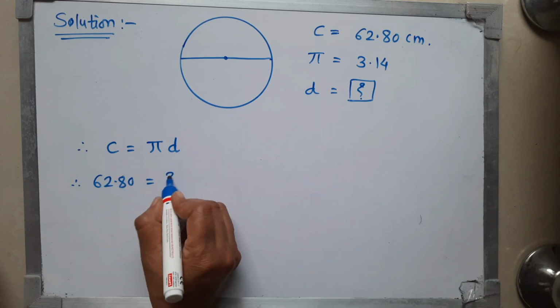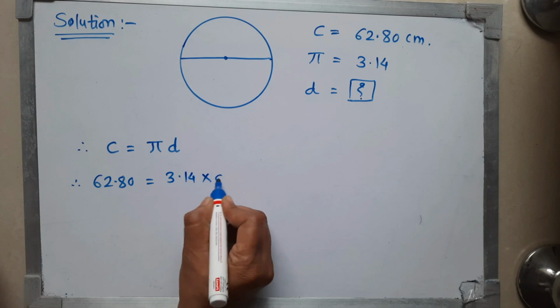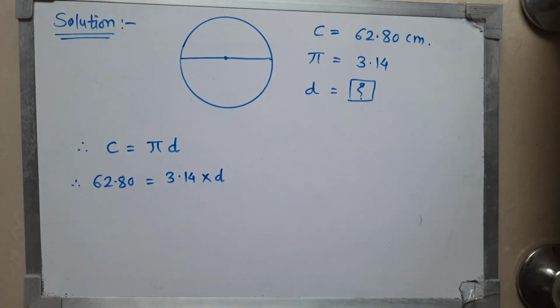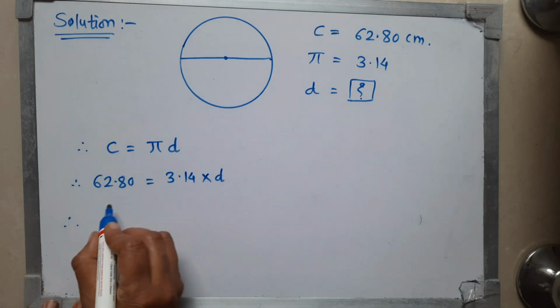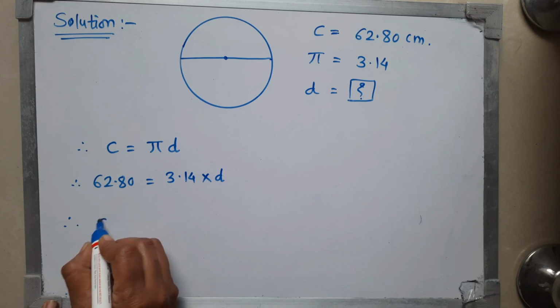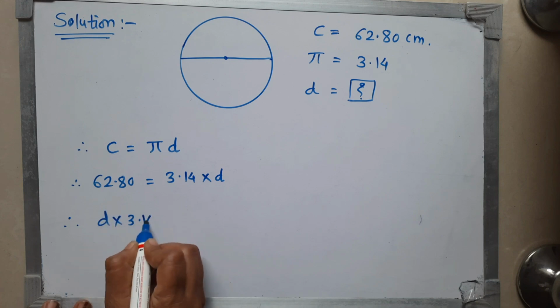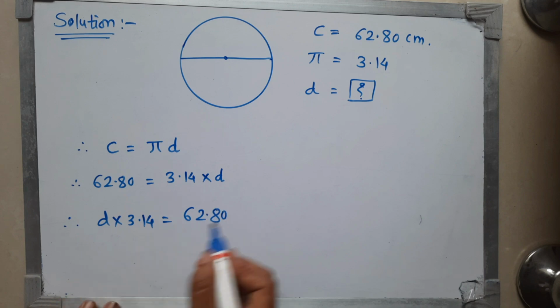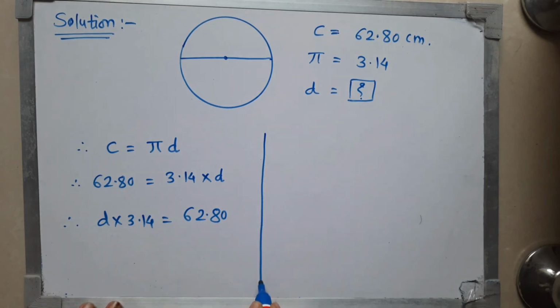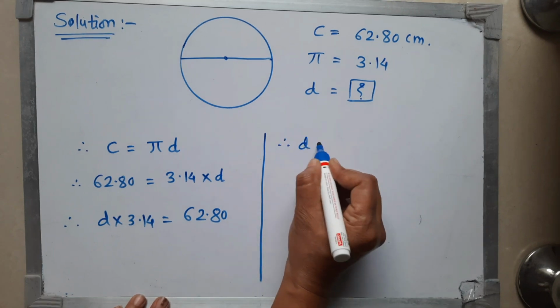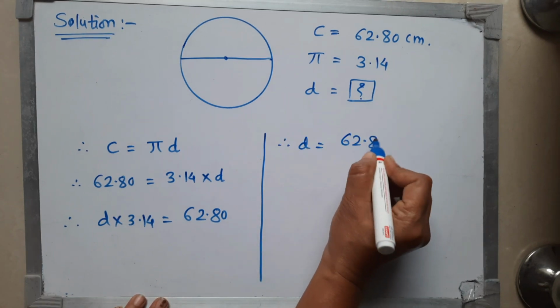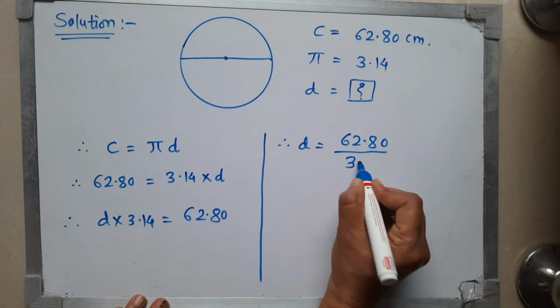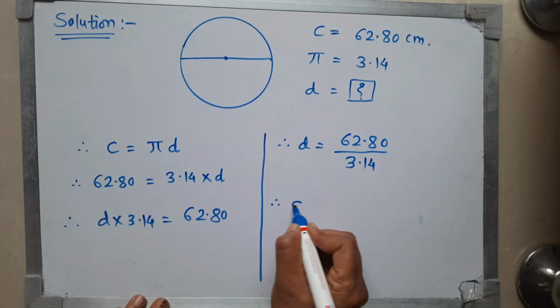62.80 is equal to 3.14 into D. Taking all numbers to the left side, change side. D into 3.14 is equal to 62.80. Remaining D on the left side and write all numbers on the right side.